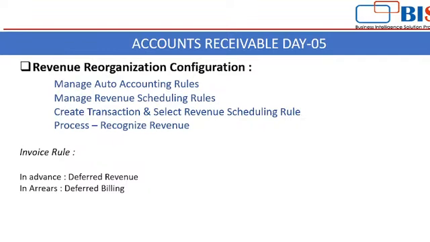Then you have to do the revenue scheduling rules. When you want your revenue to be recognized, you have to manage that from the task, that is manage revenue scheduling rules. Then you have to run one process, that is recognize revenue. So we will directly move to our application and we'll see how to do it practically.